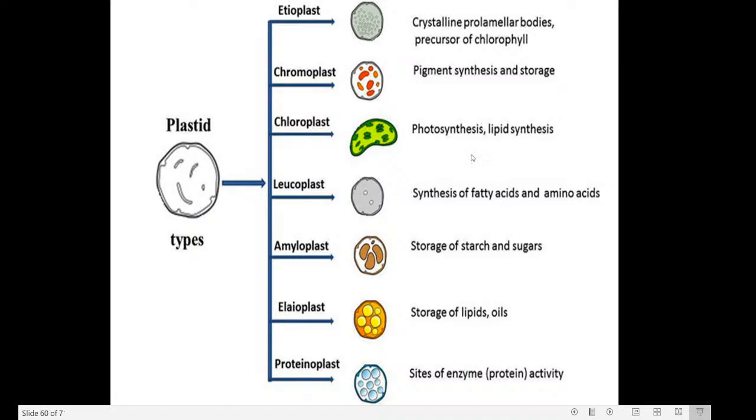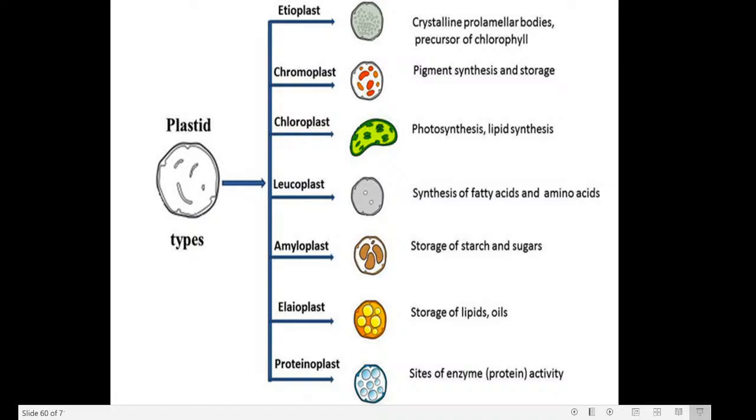These functions are very, very important. In CSIR, every year they ask one question based on this topic. Etioplast has a crystalline prolamellar body, a precursor for chlorophyll synthesis.